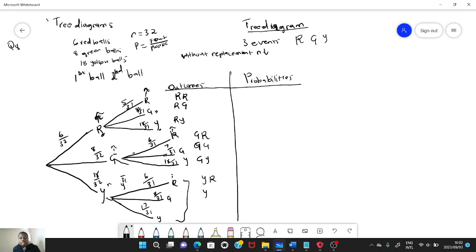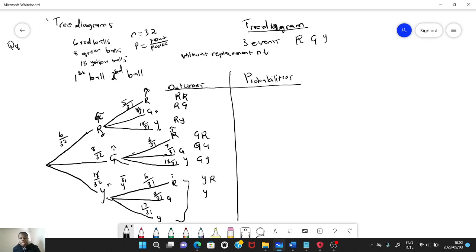And then the second probability is when we choose a red ball first, and the second ball that we choose is a green ball. Now the same thing, we will start with a red, and then we end with a yellow ball. Now here we start with a green ball, and then we end with a red ball.